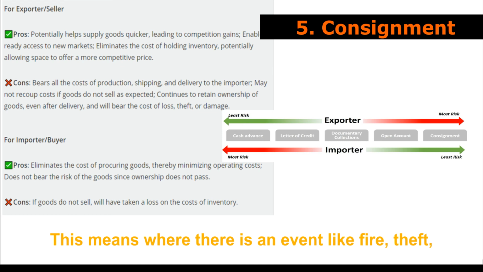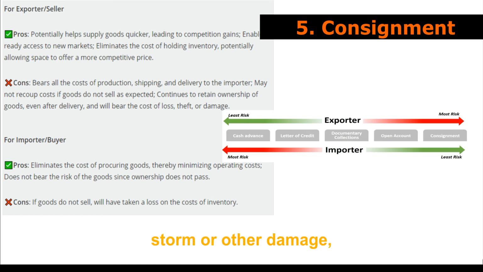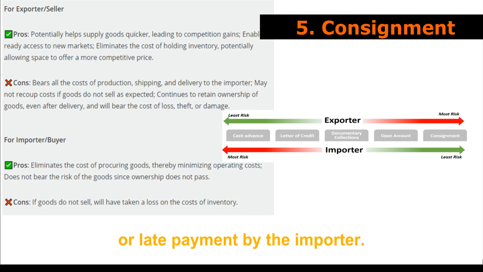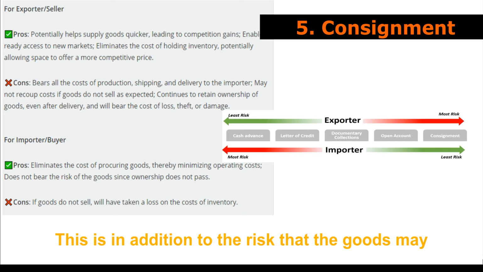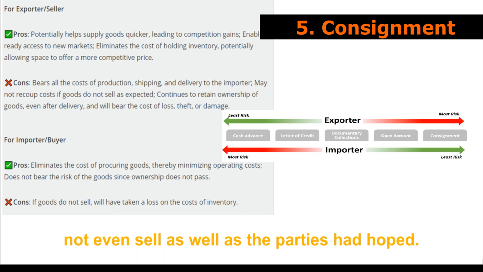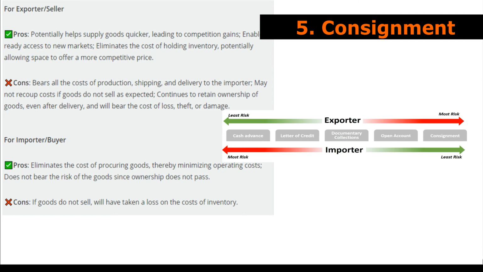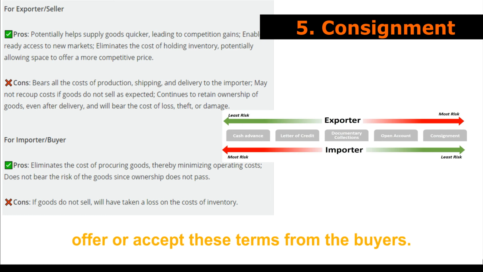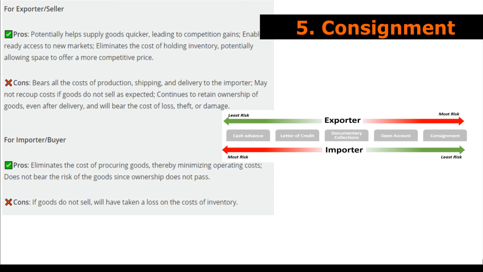This means where there is an event like fire, theft, storm, or other damage, it is the exporter that bears the loss. The exporter also bears the risk of non-payment or late payment by the importer. This is in addition to the risk that the goods may not even sell as well as the parties had hoped. As a result, exporters are understandably reluctant to offer or accept these terms from the buyers.